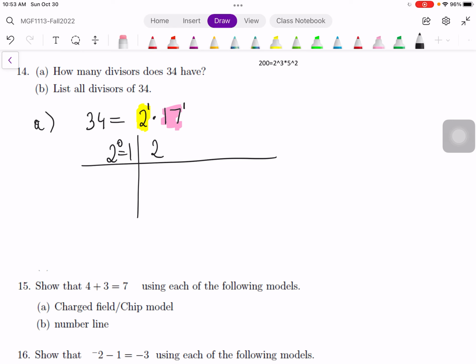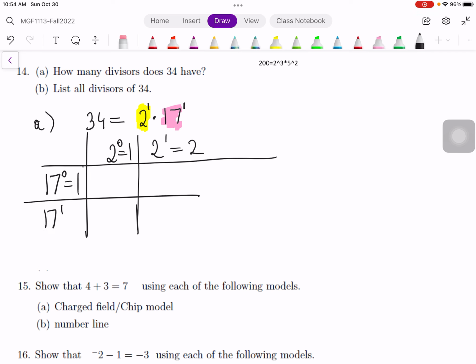Here both 2 and 17 appear with power 1, so there's not much climbing to do. And then the other one, I'm going to list in a column. Again, 17 to the power 0, that's 1. And 17 to the power 1 is 17, and you stop there. You don't increase the power because 17 in the prime factorization has power 1.